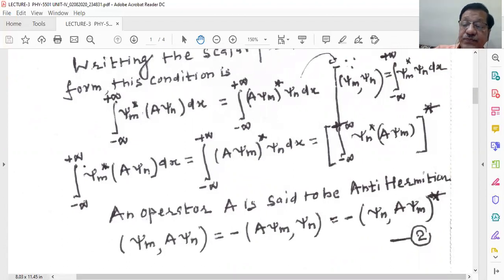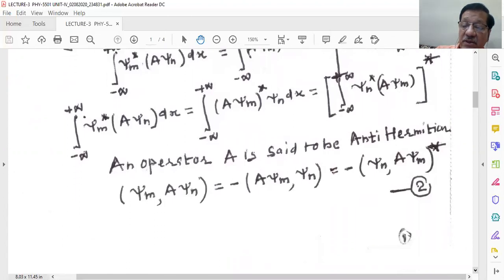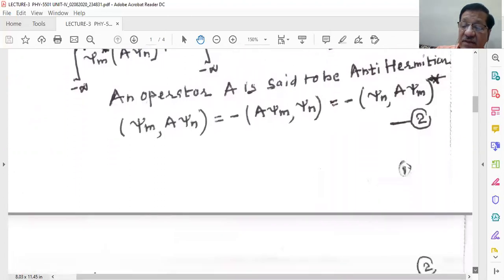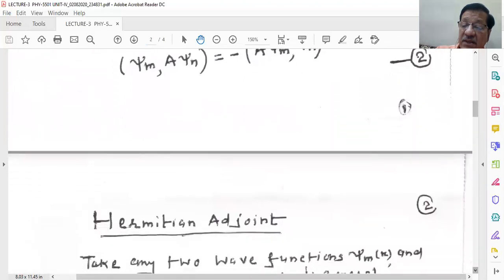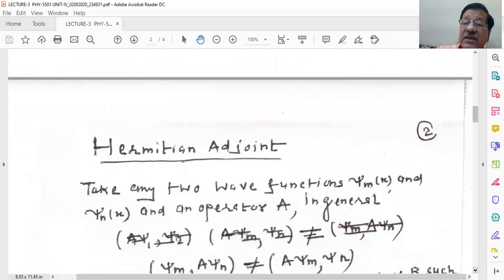And now we want to go for an important term which we will define. This is also known as Hermitian adjoint, and that is also what I would like to define today. First we will take the definitions, and then we will apply the definition to understand some properties of Hermitian operators.